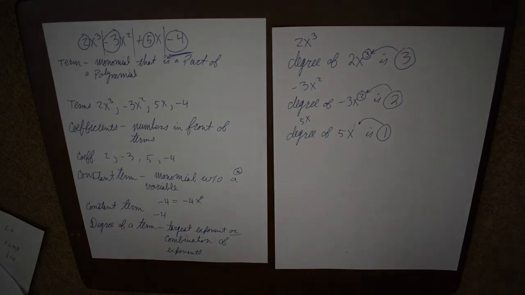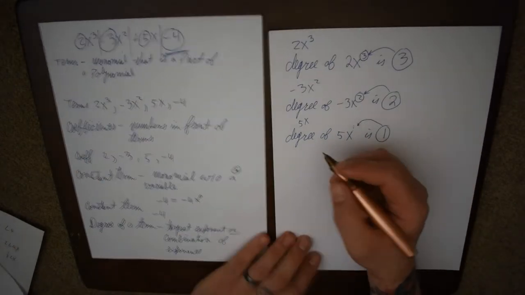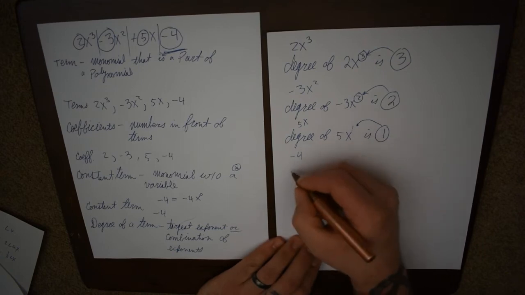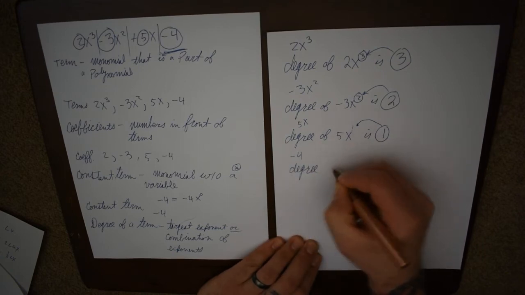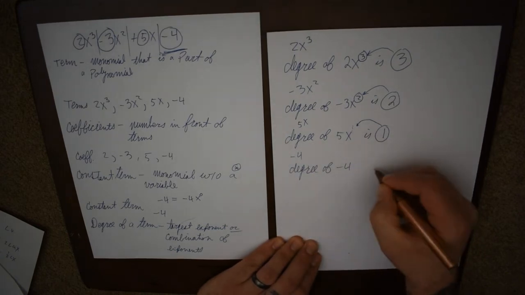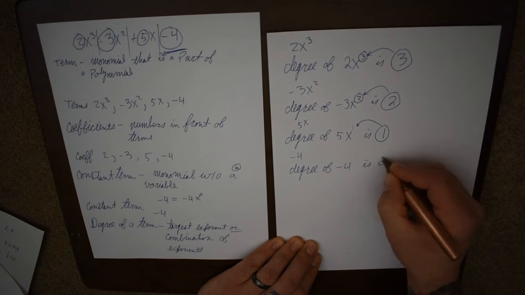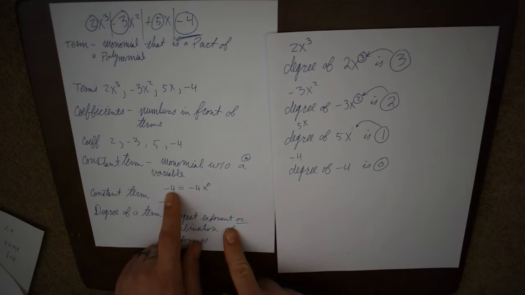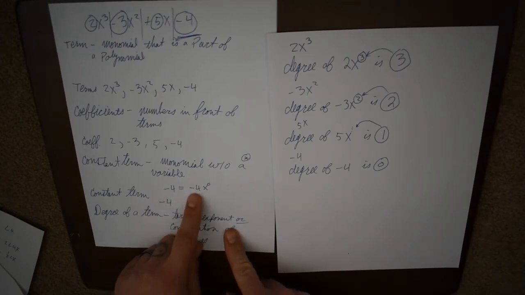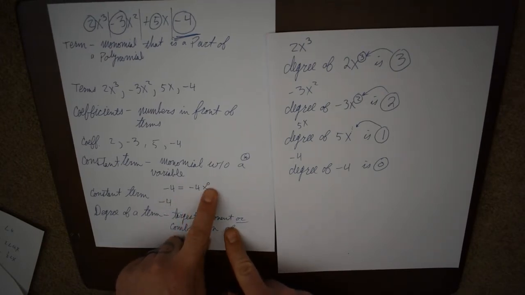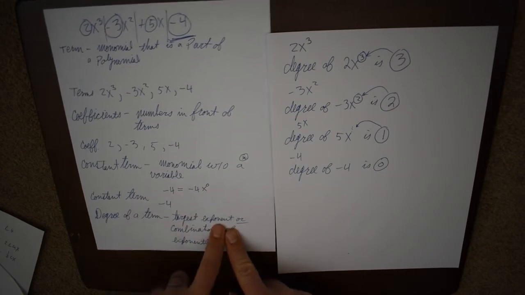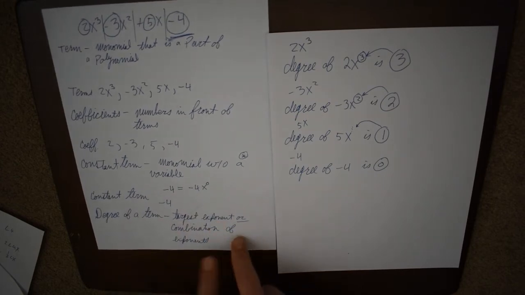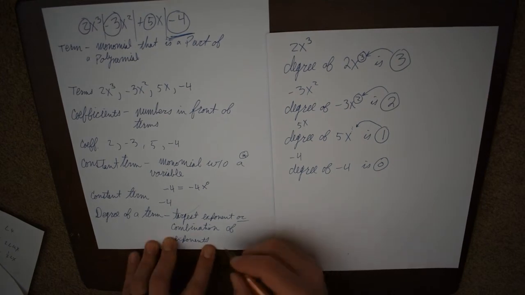And last one, we have this constant term, negative 4. And the degree of negative 4 is 0. Like I said over here, we can write negative 4 as negative 4x to the 0, and then we're looking for the largest exponent or combination of exponents attached to the variables.